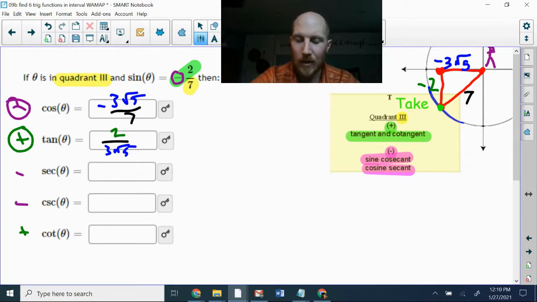Secant. Secant is the reciprocal of cosine. I could either just do the reciprocal of what I've already given for cosine, or I also know that secant is the hypotenuse over the adjacent, so I could recreate that from my side lengths. 7 over negative 3 radical 5.